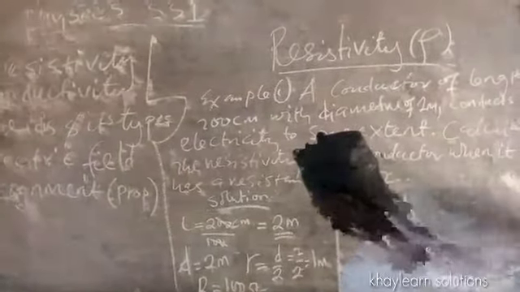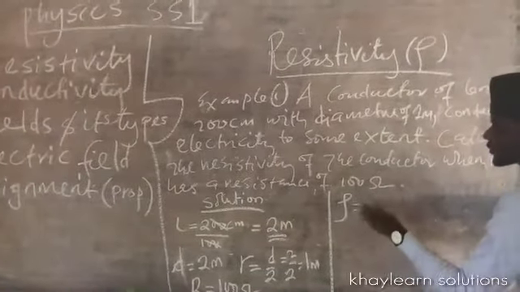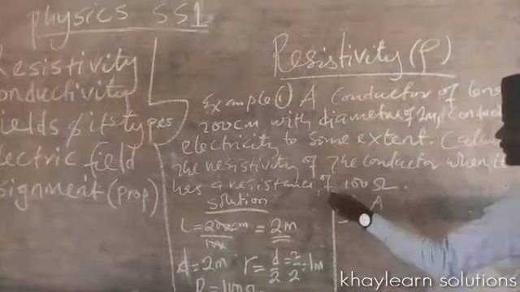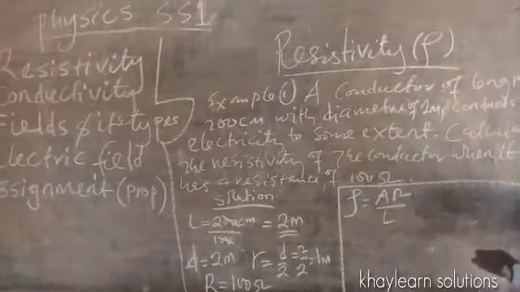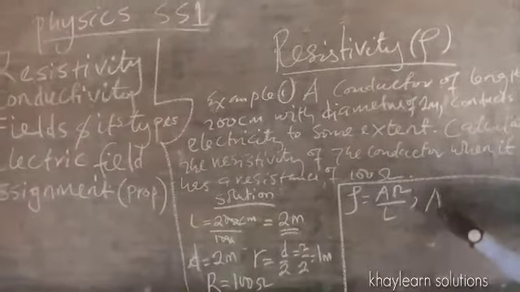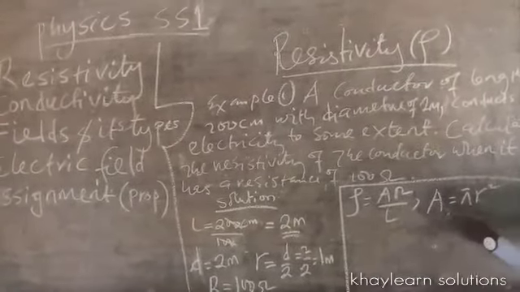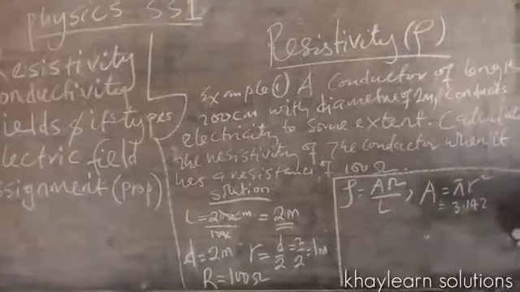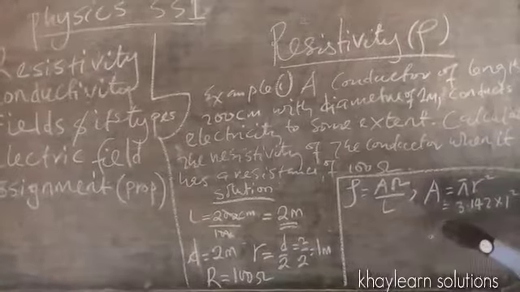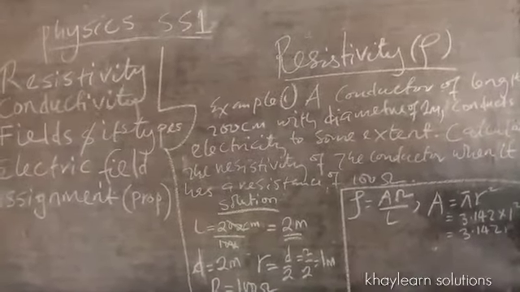Now after having this, we have the formula, and the formula is rho equals A R over L. And this our A equals pi r squared. This is equal to 3.142 times 1 squared, and this is equal to 3.142 meter squared.